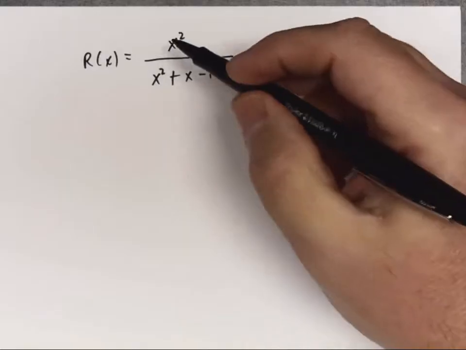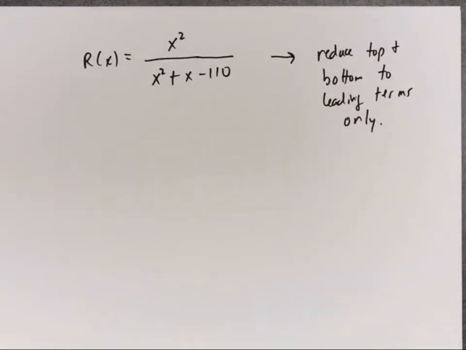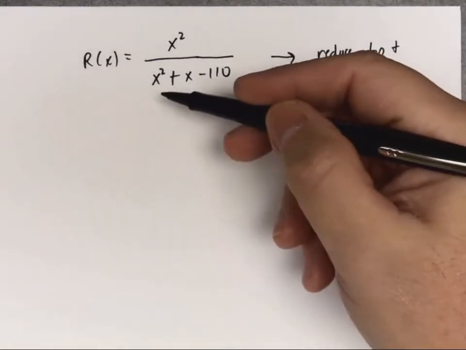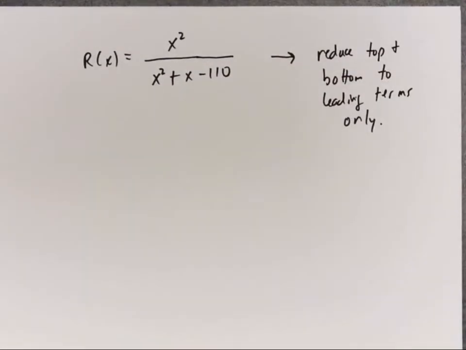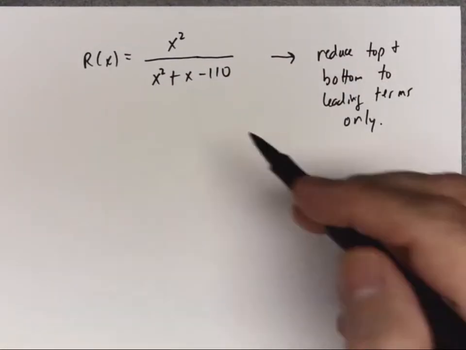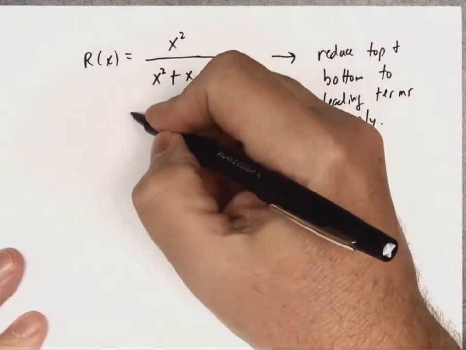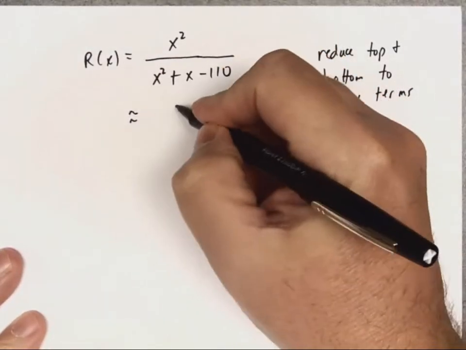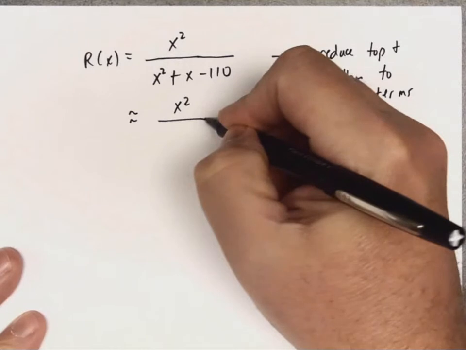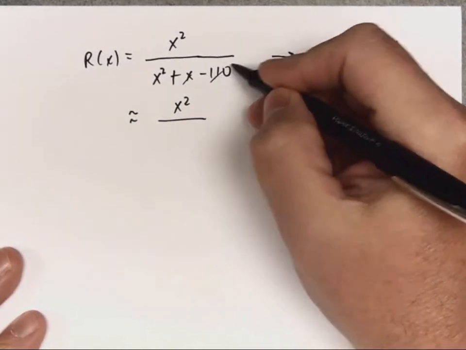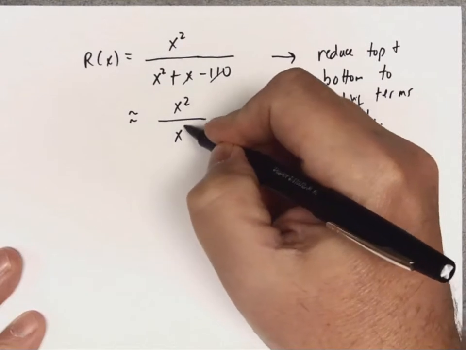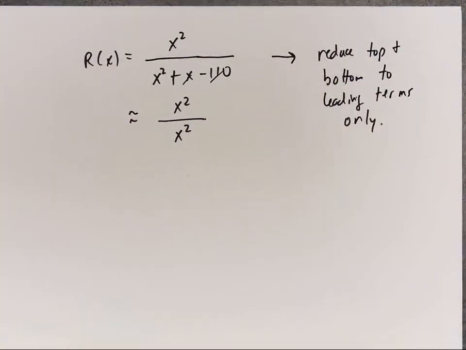Now here in the numerator, I only have one term, so that has to be the leading term. But in the denominator, I have three terms. The leading term is going to be x squared. So really what I do is I eliminate everything but the leading term. I ignore those, and basically you end up with x squared over x squared.